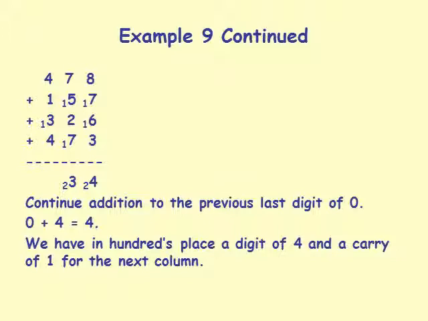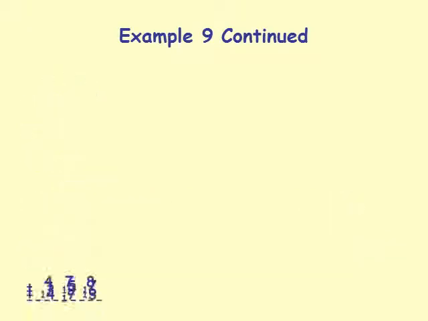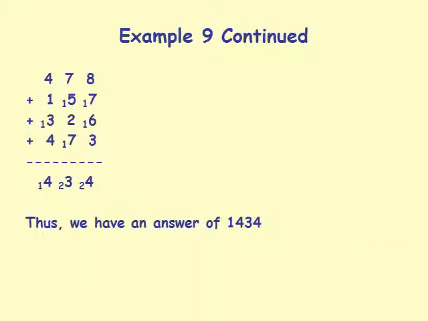So we have 14 here. So that's our answer here, and the answer is 1434. We have the answer of adding 478, 157, 326 plus 473, and we get 1434.